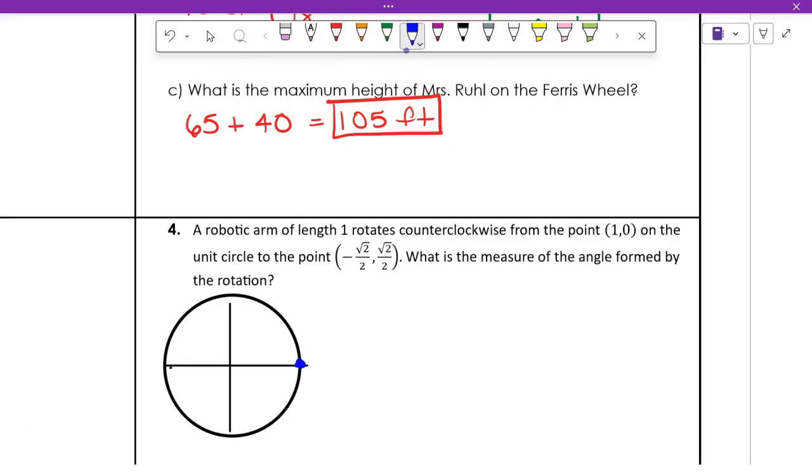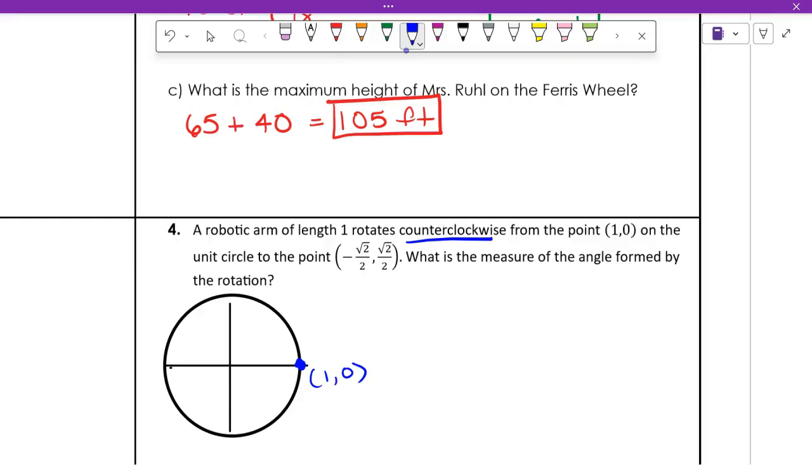Let's call this coordinate point right here 1, 0. Well, that seems kind of familiar. Isn't that our initial point where 0 degrees and 0 radians is? And don't we go counterclockwise from that point to give us our angle measures? Well, sure enough.